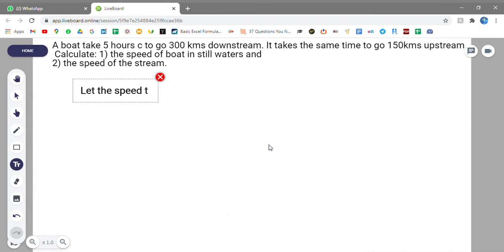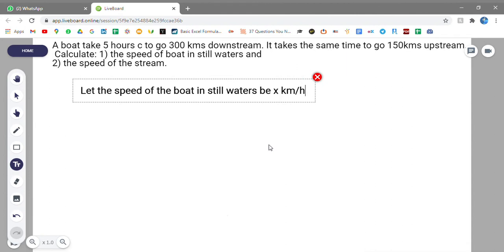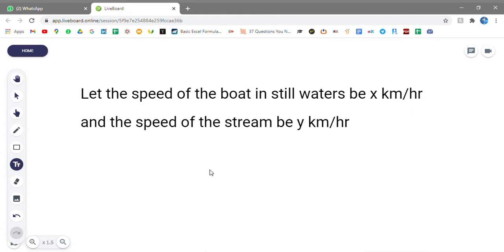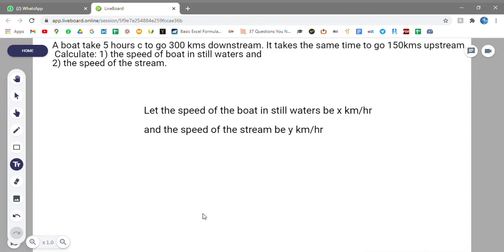Let the speed of the boat in still waters be x kilometer per hour and the speed of the stream be y kilometer per hour. Okay, so this is what we have got.